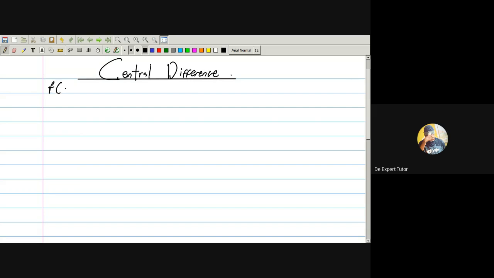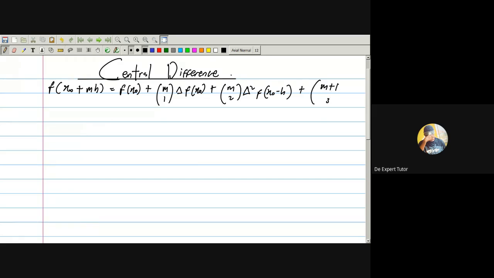We have f of x naught plus mh equal to f of x naught plus m combination 1, delta f of x naught, plus m combination 2, delta square f of x naught minus h, then plus m plus 1 combination 3, delta cube f of x naught minus h. Then observe the pattern: m plus 1, 4.